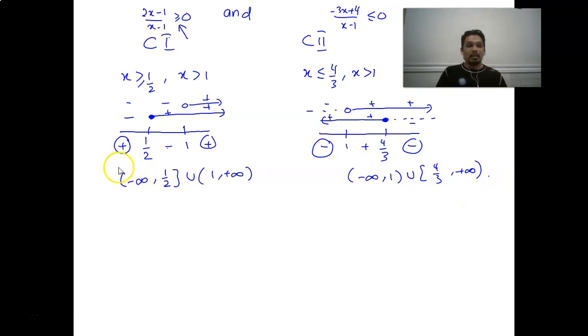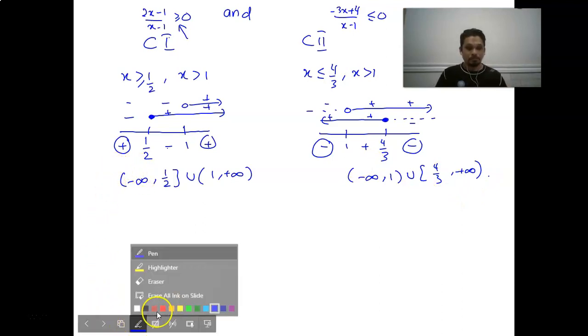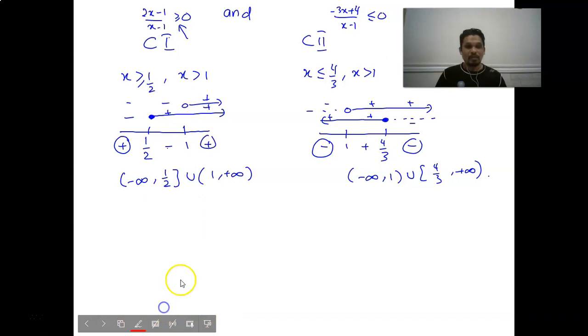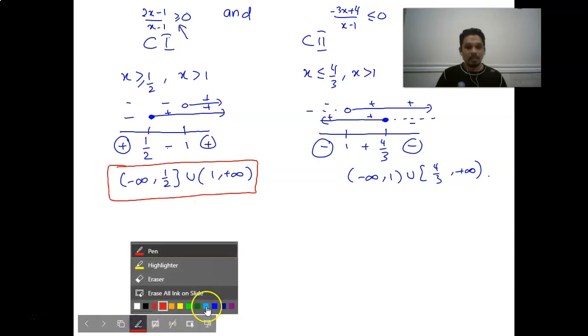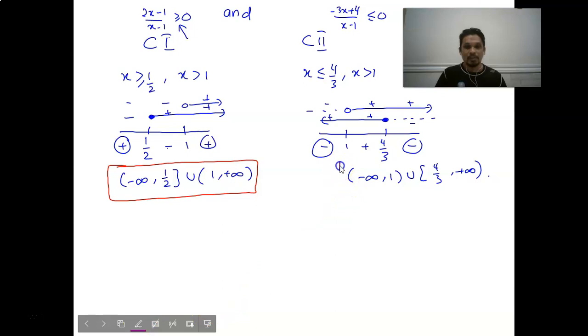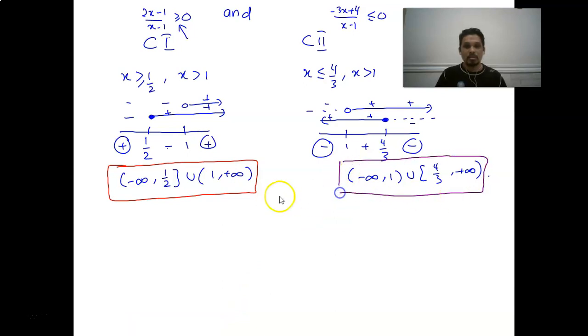Okay, right now we're almost at the end of the solution here. Take this and this one. This is the solution for case number 1 and this is the solution for case number 2.